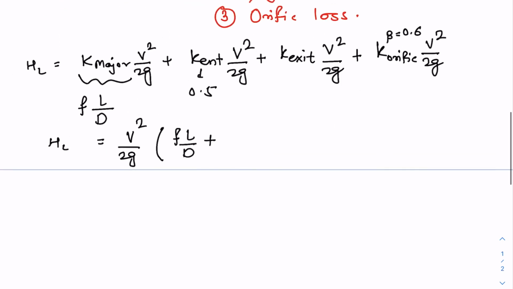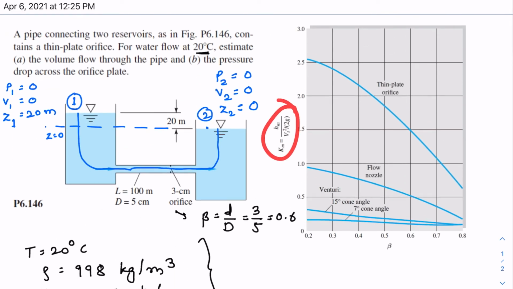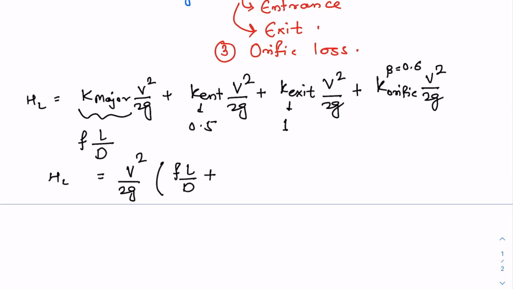So for a sharp exit, K exit is close to 1, and K orifice can be found out from this plot here. So beta is 0.6, and we are given that it is an orifice plate, so it comes out to be 1.5. So this is 1.5. So I'll just substitute these values here: 0.5 for the entrance, 1 for the exit, and 1.5 for the orifice.